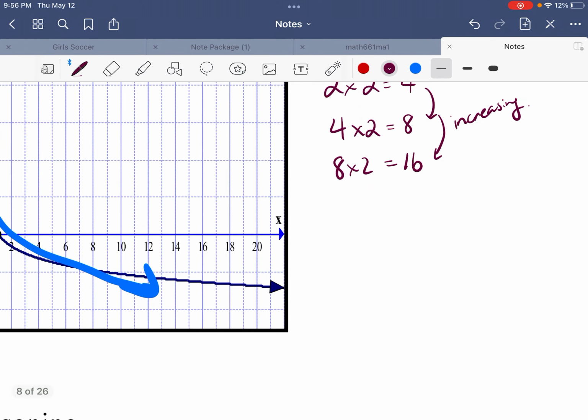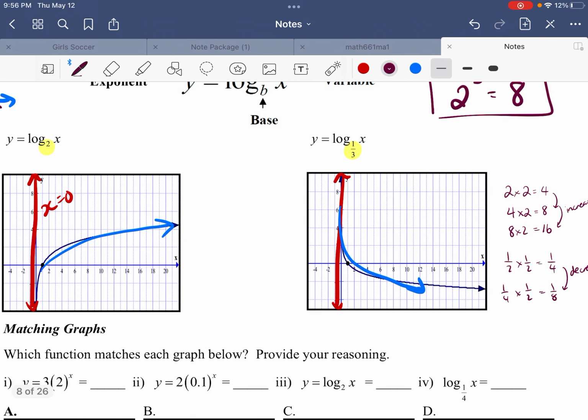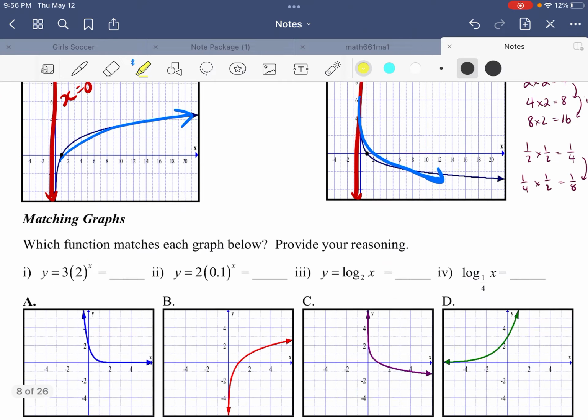If I have a fraction, like 1/2 times 1/2, that gives me 1/4. And then if I multiply 1/4 by 1/2, I get 1/8. And you'll see that this is decreasing. So that's why if we have a base bigger than 1, you get growth, and if you have a number that's less than 1, you get decay.